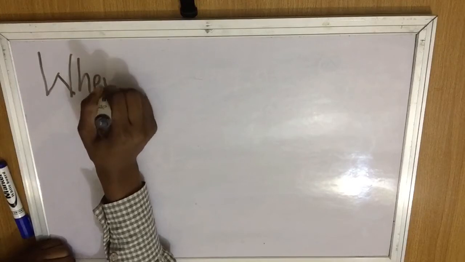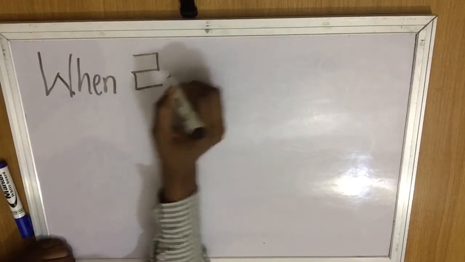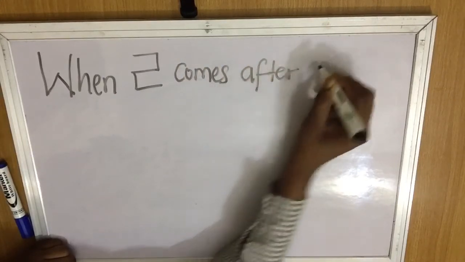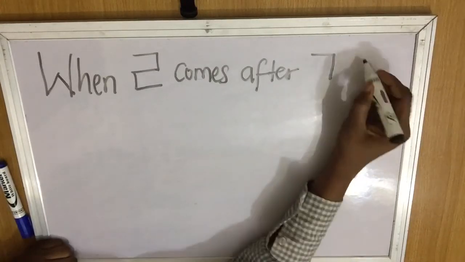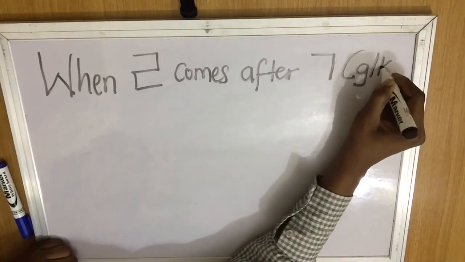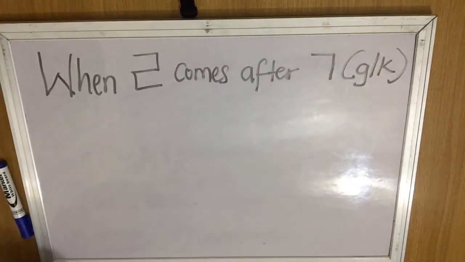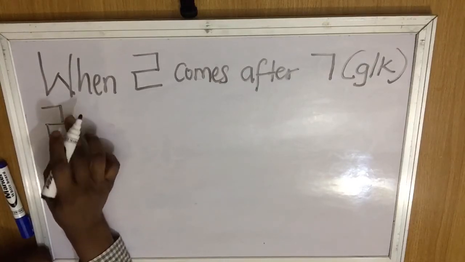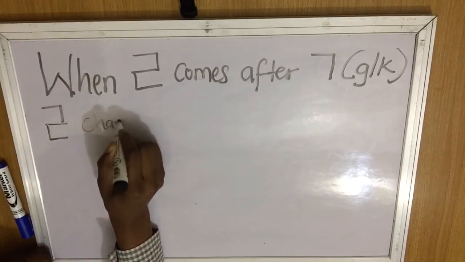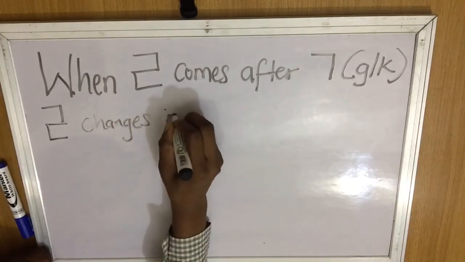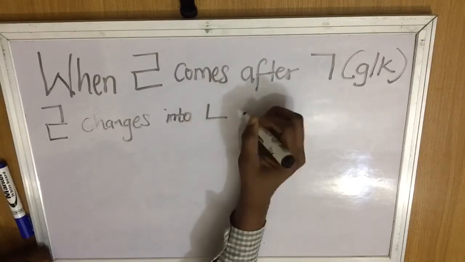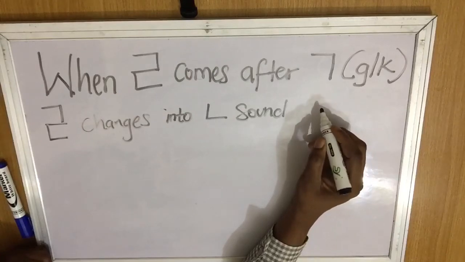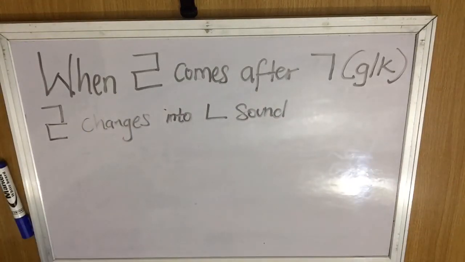When lir comes after gyuk sound, that's the G stroke K in Korean language. So lir changes into N sound, that's neon, and then okay, let me put it like this.